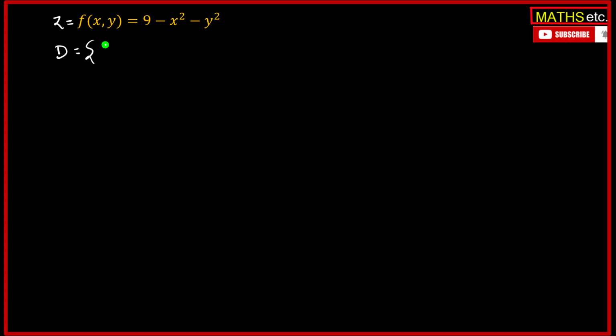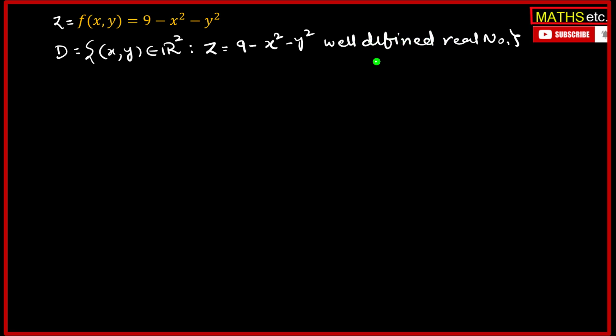So domain will be the collection of all ordered pairs (x, y) in this two-dimensional plane, that is the xy plane, such that z equals 9 minus x squared minus y squared is always a well defined real number. So only those xy values in the domain are allowed which, when we plug them into this rule, the corresponding z value is always well defined and always a real number.